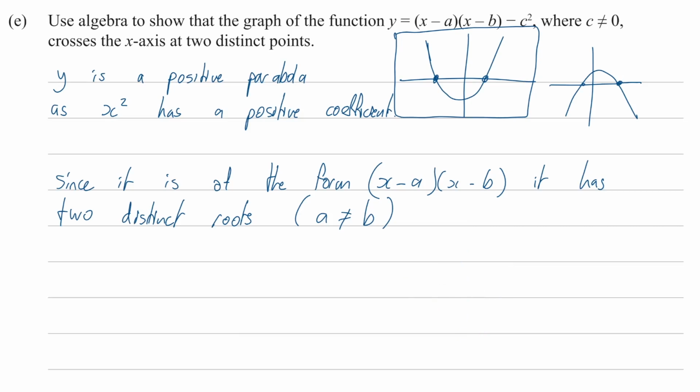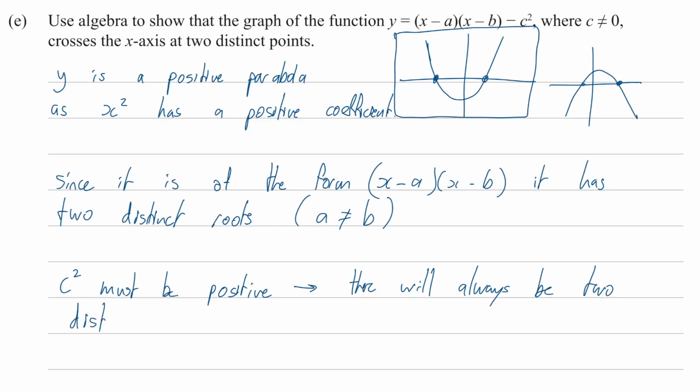So we could say c squared must be positive, because the square of a negative number is still positive, which leads us to say that there will always be two distinct roots.